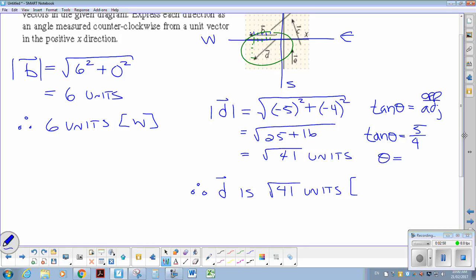Bracket 5 divided by 4. So I have 51 degrees. That tells me my vector D is facing west, then I need to rotate 51 degrees to the south. And that would be my answer.